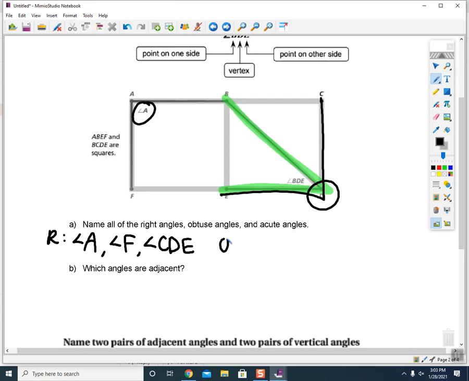Obtuse angles. I have one obtuse angle, which might be kind of hard to see, but it actually happens right here, ABE. Is that right? No, ABD. Right, so angle ABD is my obtuse. Then if I'm looking for an acute angle, well, angle BDE is acute.